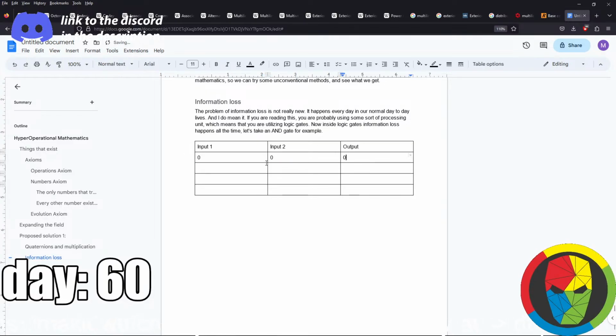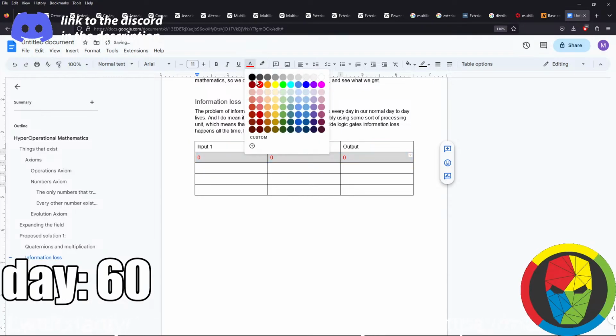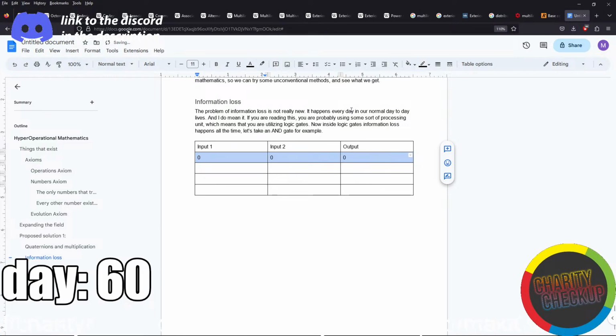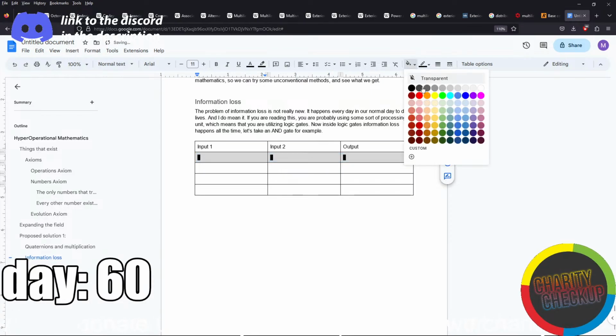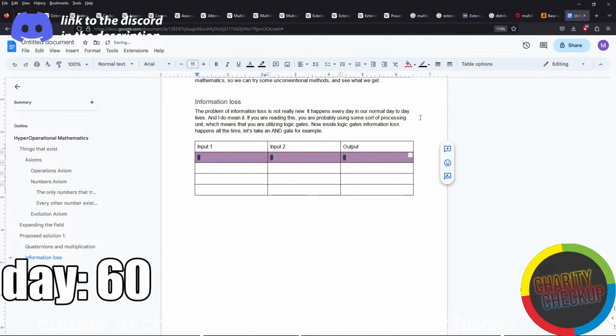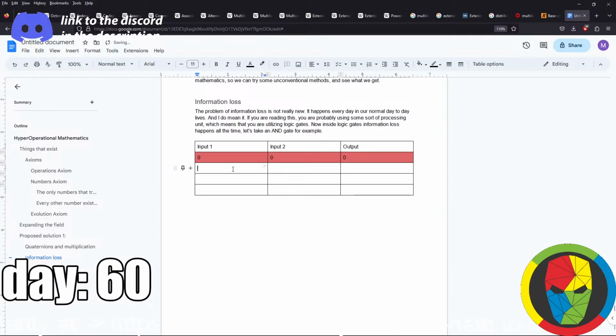0, 0, 0. I should color code them. Would feel better. Oh wait, this is black. How do you color there we go. No background, none. Great. 0, 0, 0, 1, 0, 0, 0, 0, 1, 0, 1, 1, 1. Alright, great.